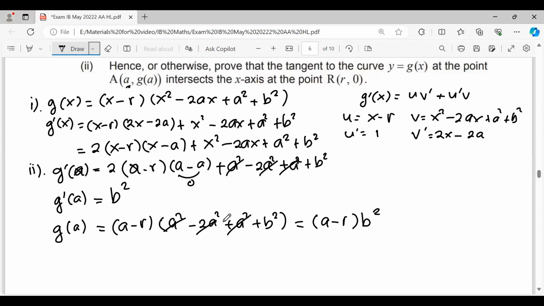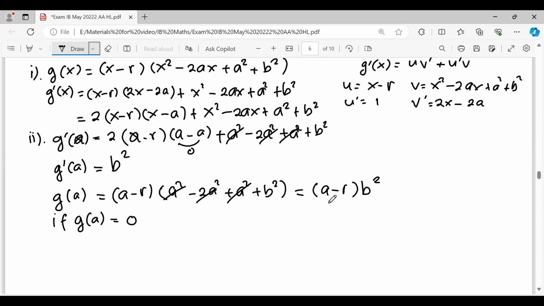Now if g(a) equals 0, then this expression equals 0, so a minus r equals 0.